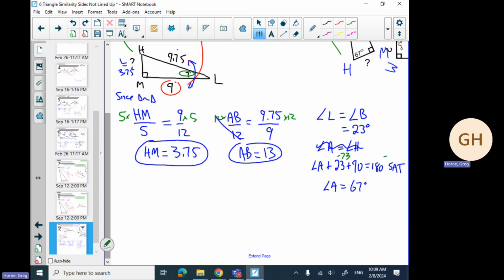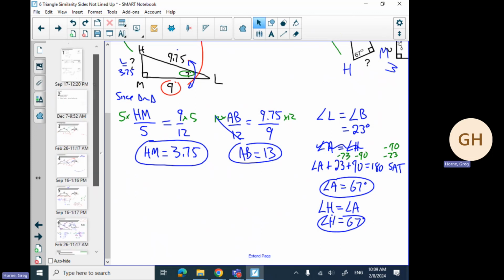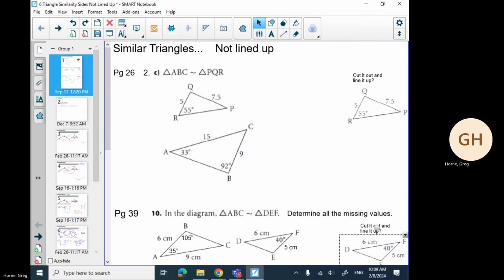Then say angle H equals angle A, and so angle H equals 67, and that's just because they're corresponding angles. Okay. We've got angle H, we've got angle A, we've got the sides we're missing. We're done.